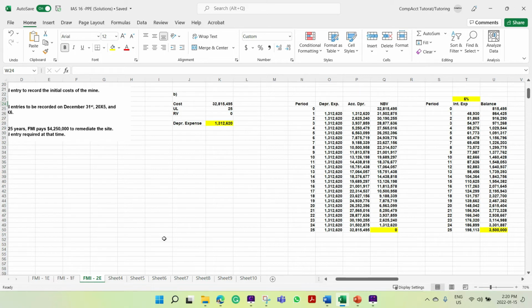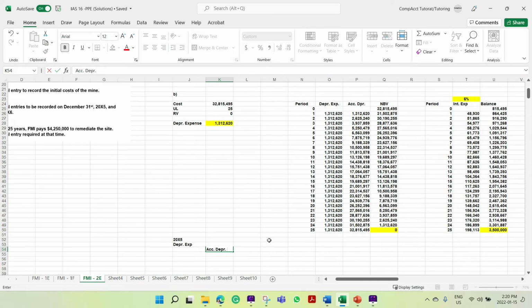So in 20X5, December 31st, we're going to depreciate over the full year. So we're going to have a depreciation expense charge, and we're going to have an accumulated depreciation charge as well.